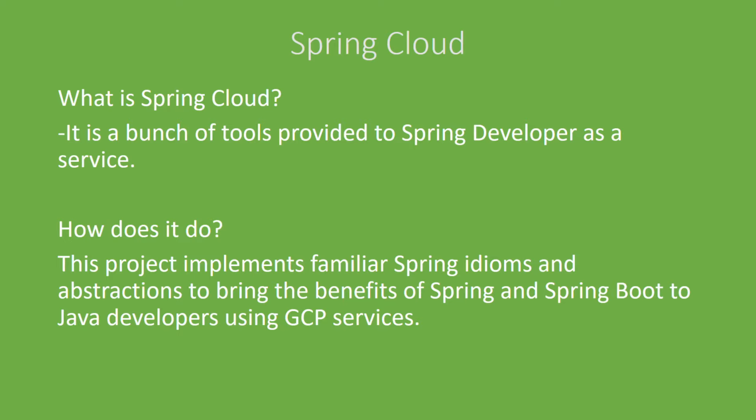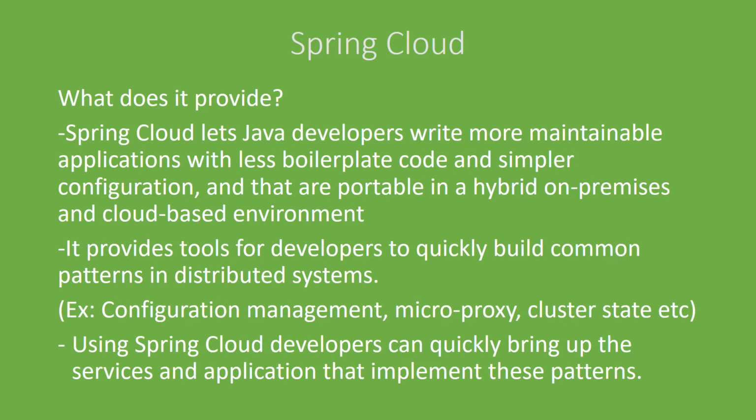This project, Spring Cloud GCP as it is called, implements familiar Spring idioms and abstractions to bring the benefits of Spring and Spring Boot to Java developers using GCP services. As I said, GCP is an acronym for Google Cloud Platform, right?